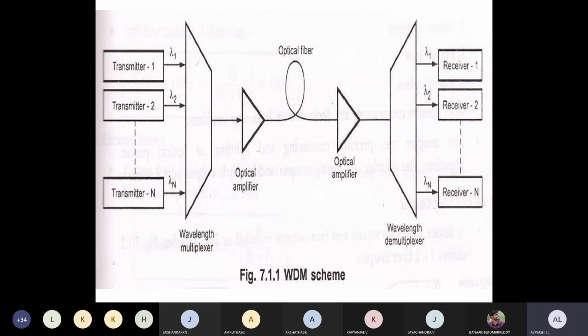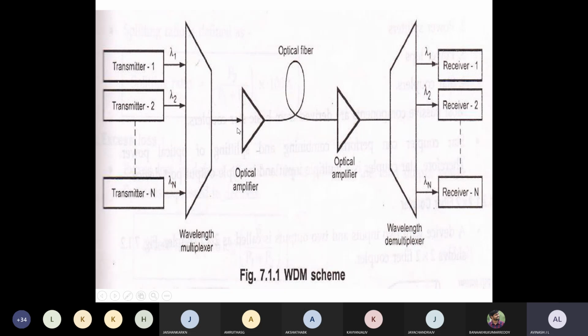We use a wavelength multiplexer for lambda 1, lambda 2, up to lambda n. After that, all the wavelengths are multiplexed and move in a single channel.